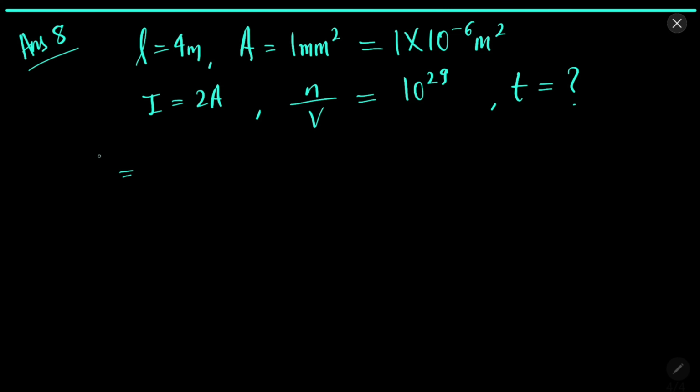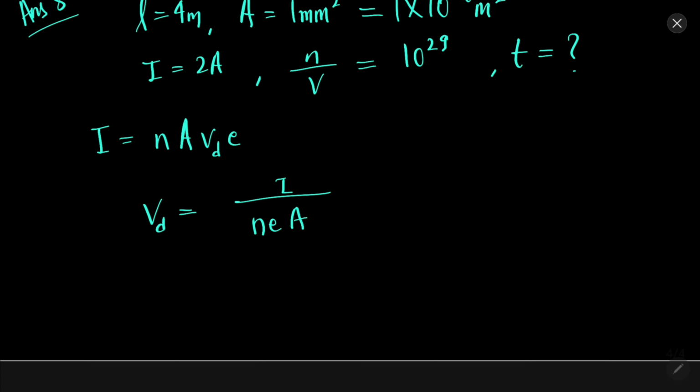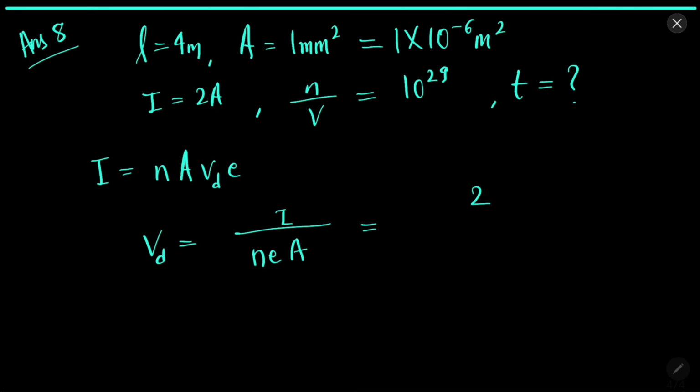So we know that current equals nAVd into e. So from this formula, Vd will be I over nAe. So let's put the values.